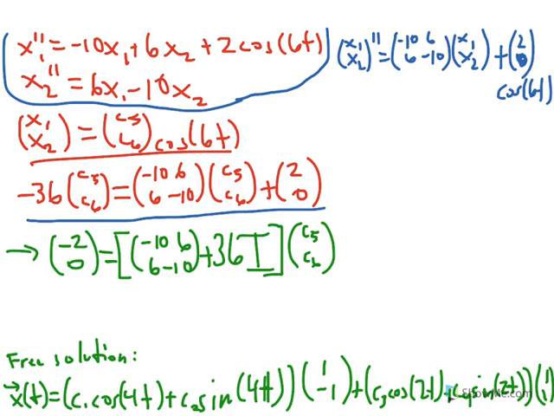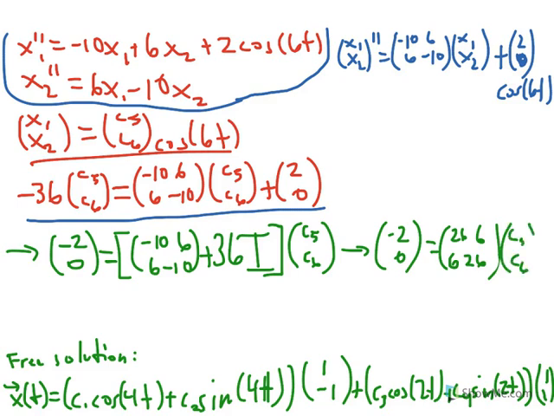And then from here, we can further simplify, and we get negative 2, 0 equals 26, 6, 6, 26, times C5, C6. Should make this neater.